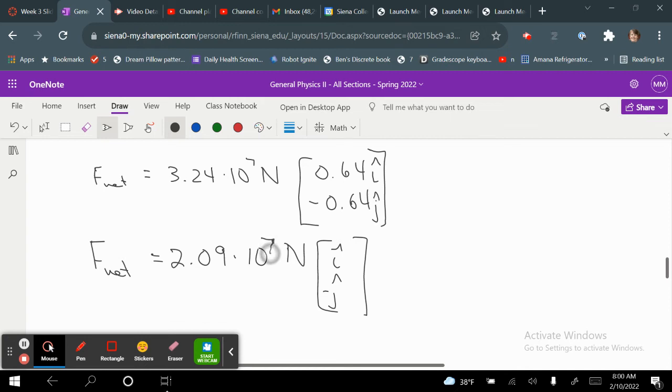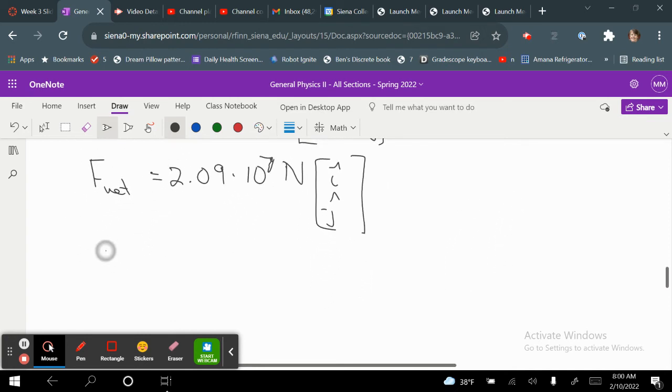I could also put it in terms of magnitude and direction. So if I wanted to do that, I would do F is equal to the square root of 2.09 times 10 to the 7th squared plus 2.09 times 10 to the 7th squared.